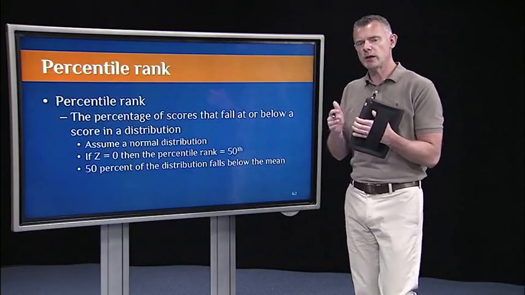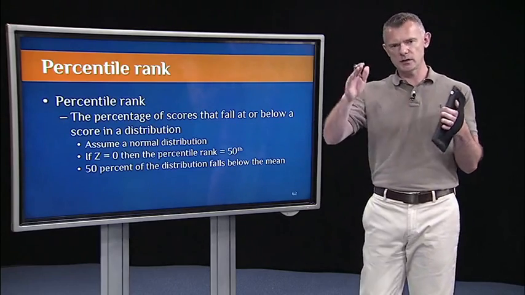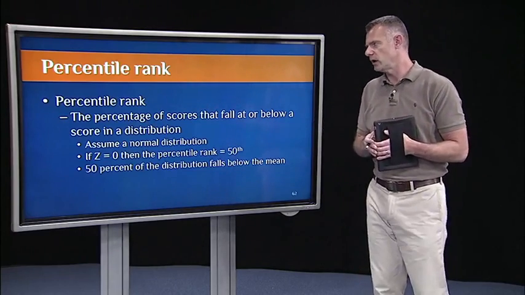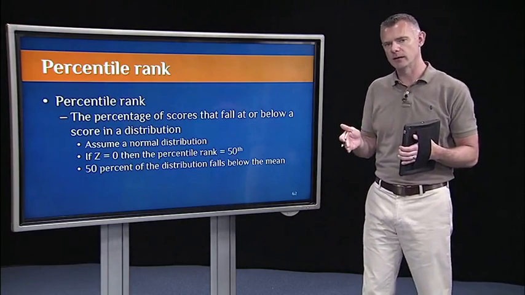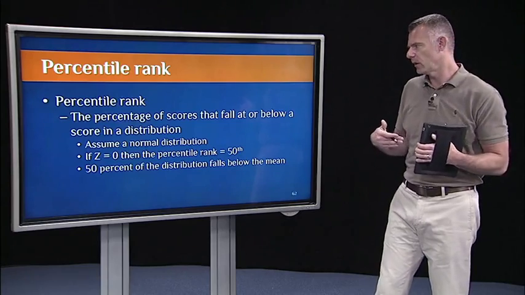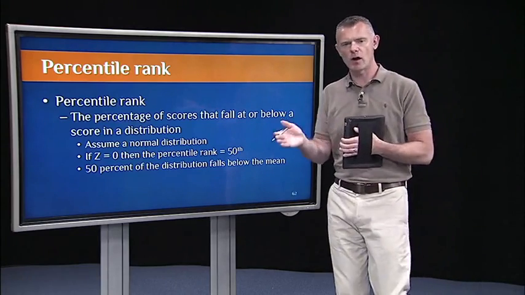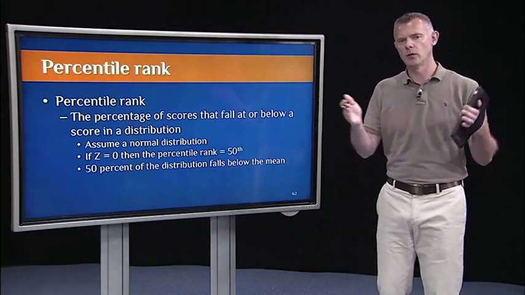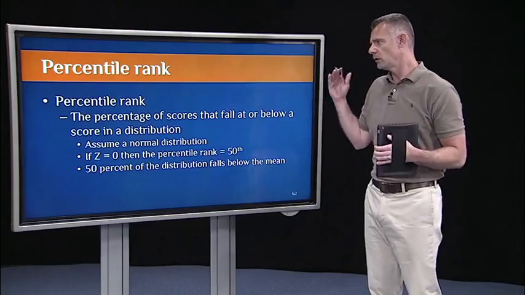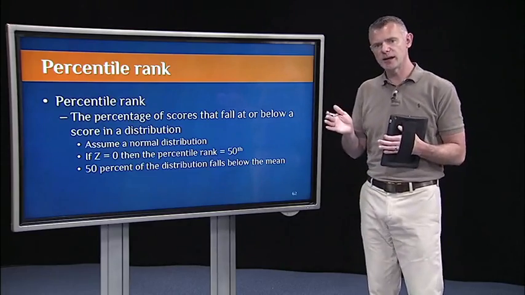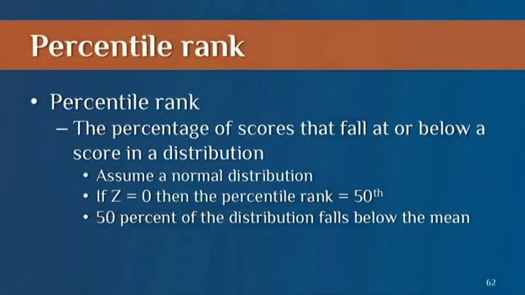The other thing we can do once we convert everything to Z-scores and look at histograms in a Z distribution is easily get percentile rank, which is a useful statistic when we're looking at descriptive statistics and where individuals fall relative to others within a distribution. The percentile rank is just the percentage of scores that fall at or below that score in a distribution. So if we're dealing with a perfectly normal distribution and we've converted everything to Z-scores, then I know that the percentile rank for a Z of 0 is 50%.